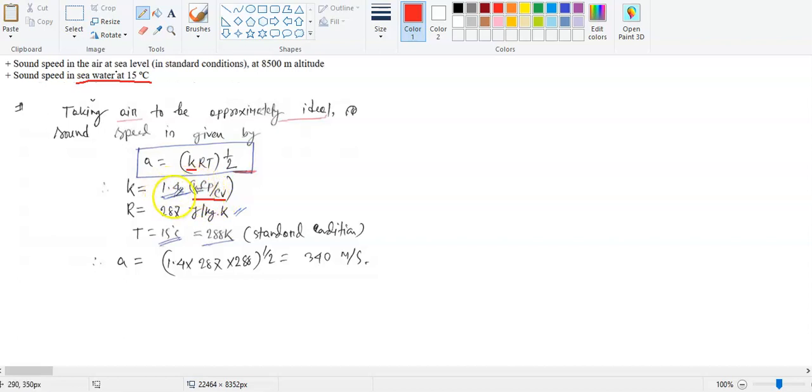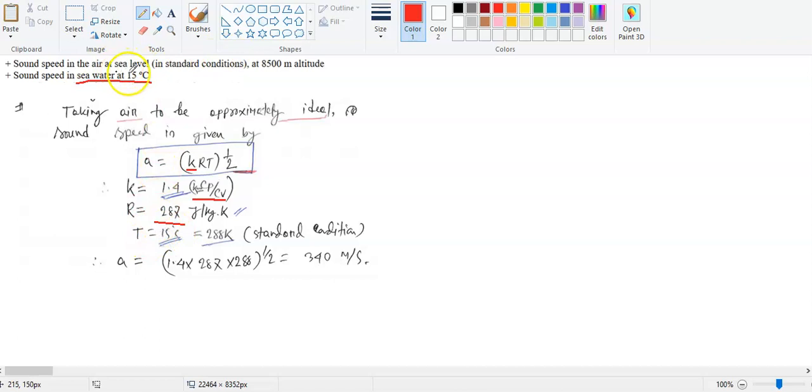This is always a constant 1.4, so you don't need to worry about this value. R is the gas constant. The gas constant value is 287 joule per kg Kelvin. This is also a constant value, so you don't need to worry about these two values, K and R. But you should think about the temperature.